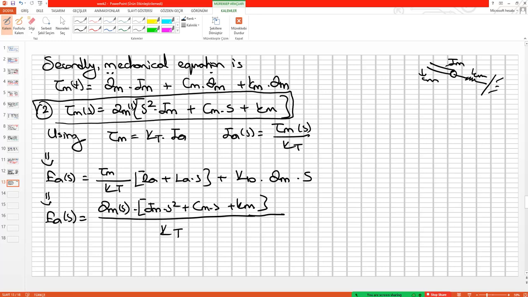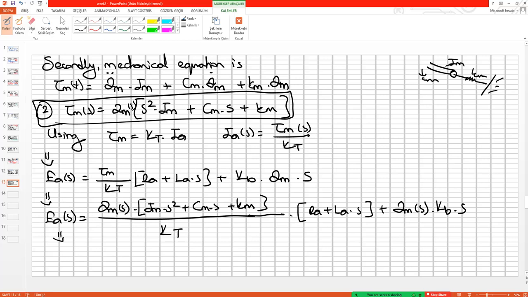And so this equation 2 is put in for the torque Tm value in here, and then we can multiply with Ra plus La s, right? And theta m times Kb times s. Okay? And after that, we only have the theta m value and Ea(s) value.